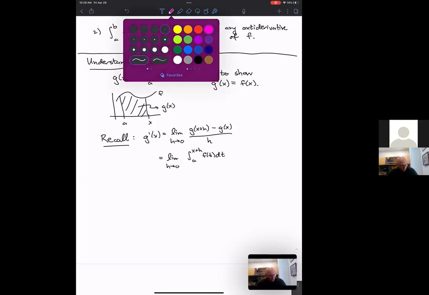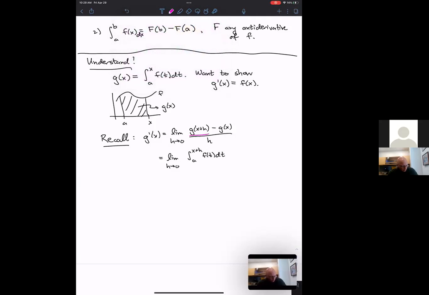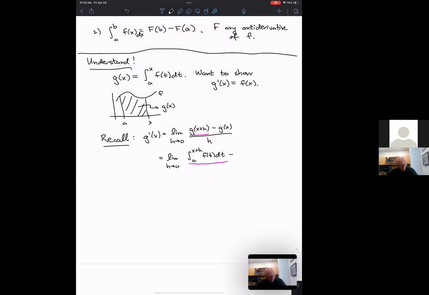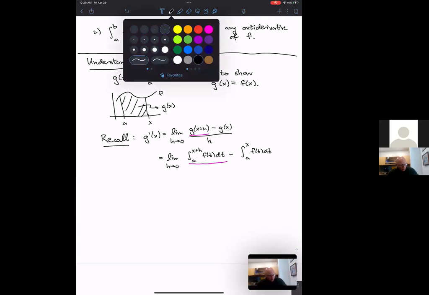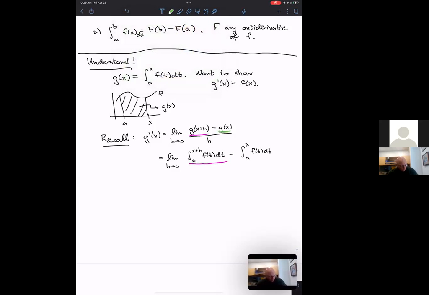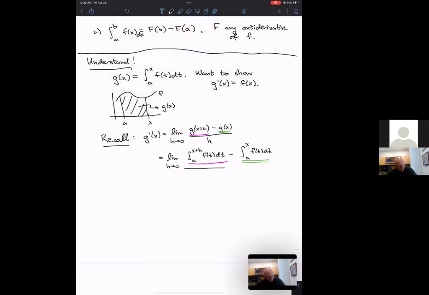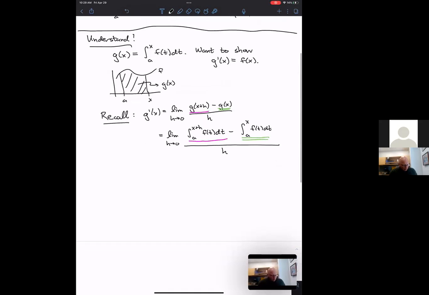So let me go ahead and just underline this and this to remember that these came from the same place, minus g of x, so that is the integral from a to x now, f of t dt. And again, let me underline this maybe with a different color. G of x is now this, just so I remember where it came from. And remember, all of this is divided by h. Okay, so far so good.